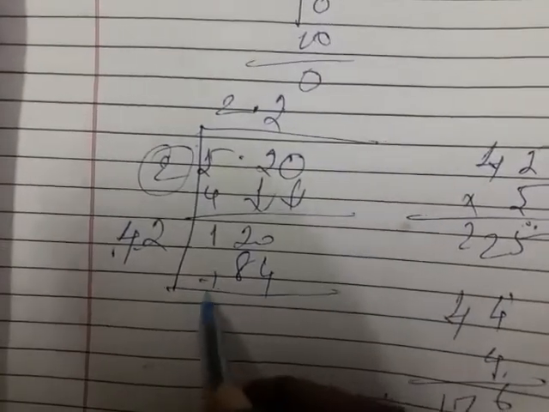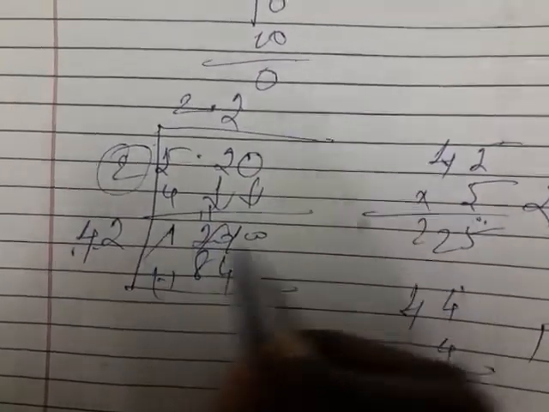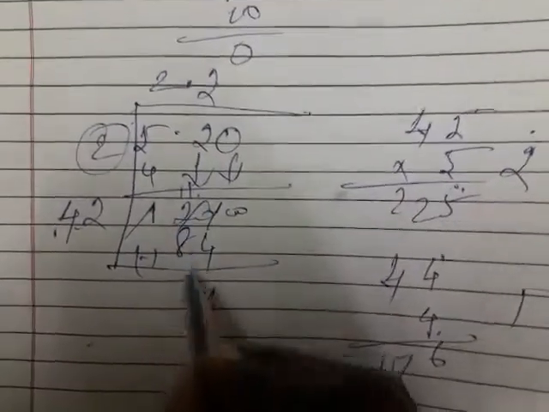Next 43 times 3: 3 threes are 9, 4 threes are 12, it won't come. Next 42 times 2: 2 twos are 4, 4 twos are 8, so 2 will come. 42 times 2 is 84. Subtract it: 10 minus 4 is 6, 11 minus 8 is 3. So the answer is 2.2. The sigma value is approximately 2.2.